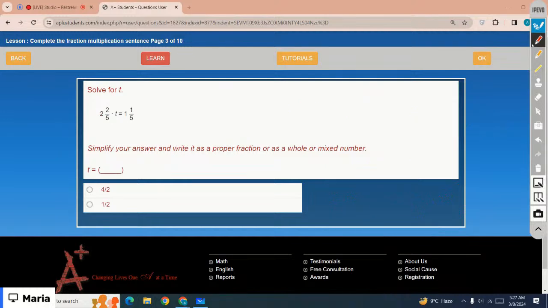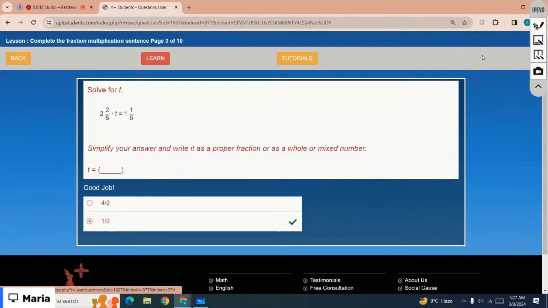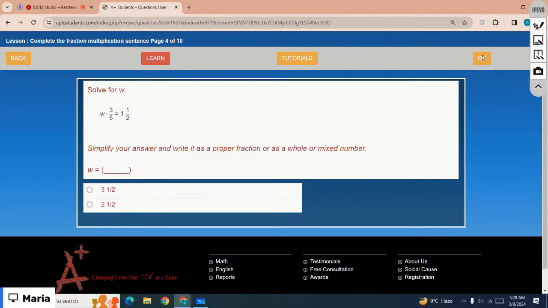Okay, the next one is W times 3 over 5 equals 1 whole 1 over 2. So, which is the correct option?